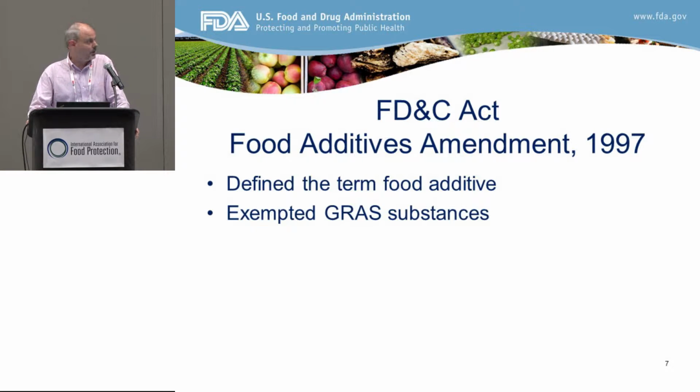There were further additions made to the Food, Drug, and Cosmetic Act with the Food Additives Amendment of 1997, which defined the term food additive and exempted GRAS, or generally recognized as safe substances.